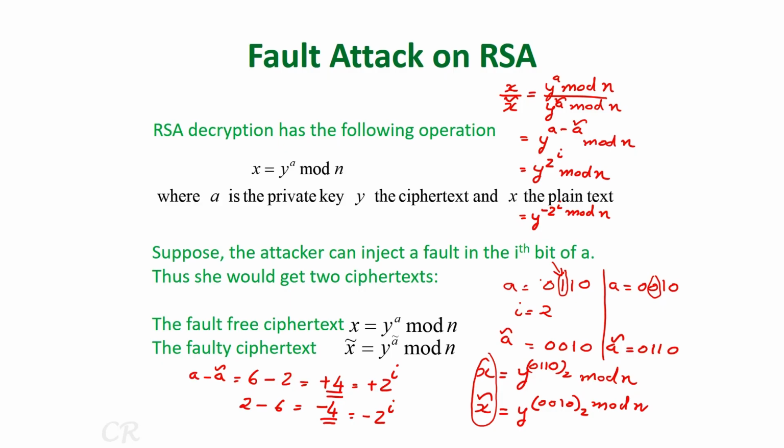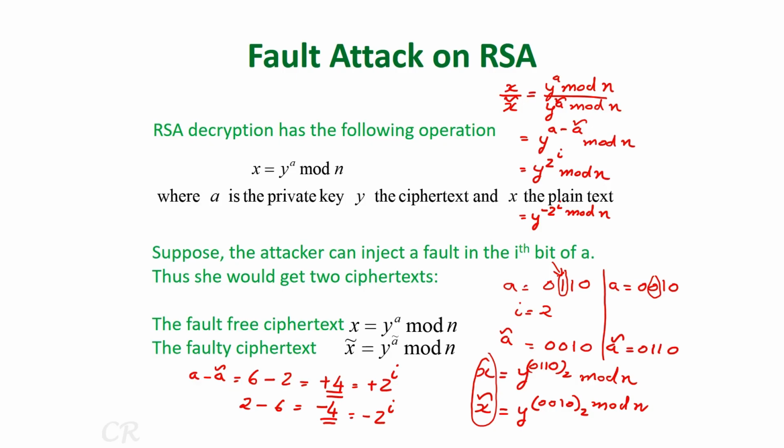Looking at the practicality of this attack, it is not going to be that easy, because injecting a bit fault is first of all difficult, and in this particular case the attacker would need to inject a large number of faults. So, if the key size is say 1024 bits, he would need to inject 1024 bit faults in order to fully recover the secret key.